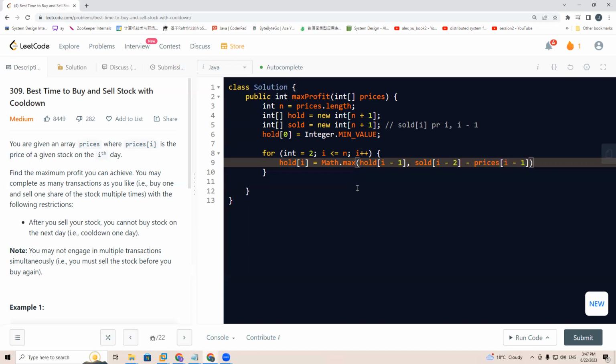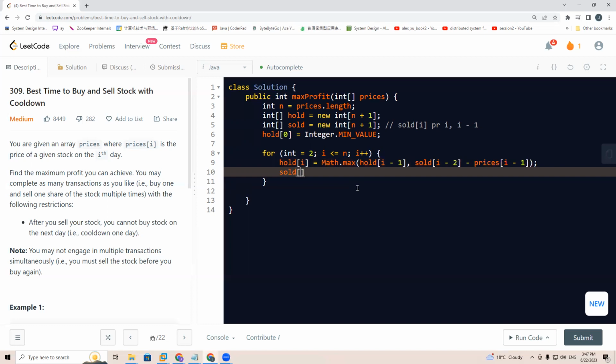And sold[i] will be max of sold[i minus 1] and hold[i minus 1] plus prices[i minus 1].